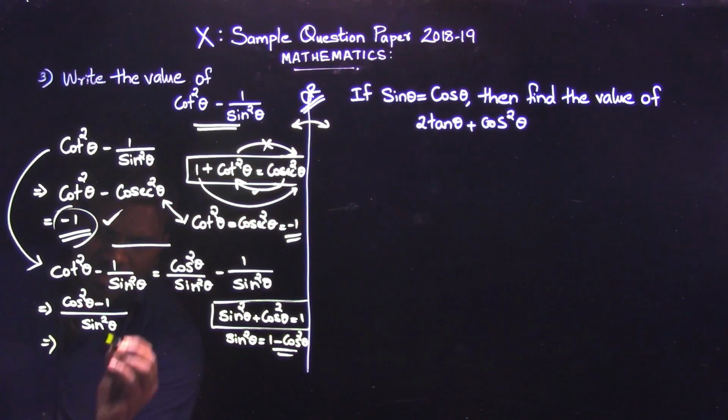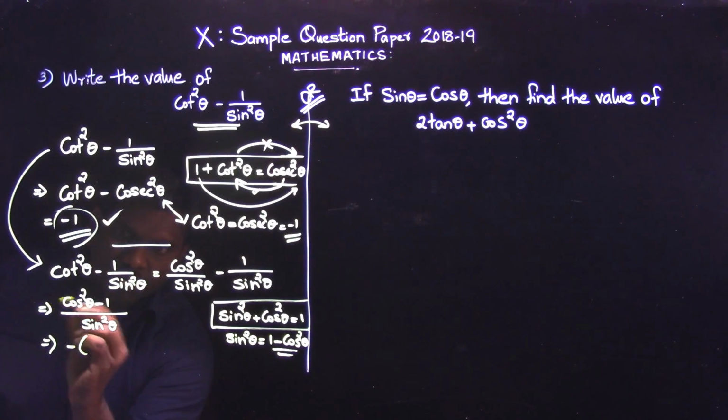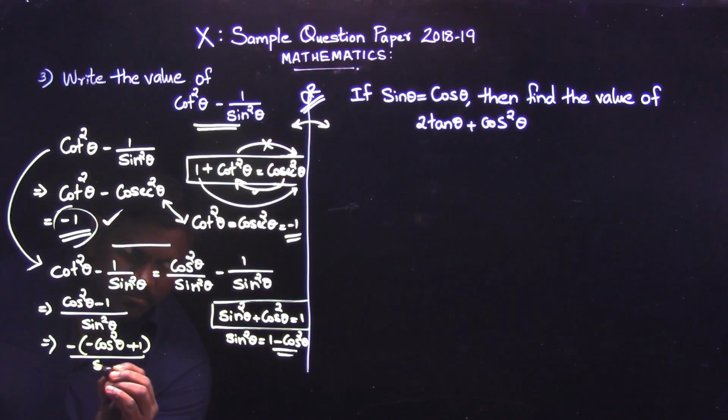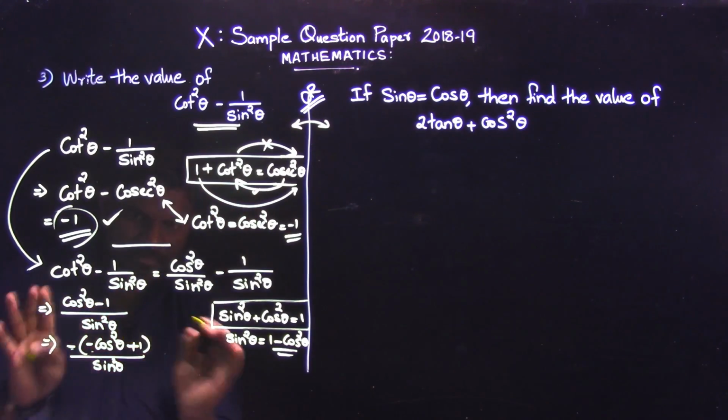So I could rather write this one. If you take minus outside, you will get something like that. I will write a few steps so that you understand it better. Multiply inside: minus into minus is plus, minus into plus is minus.